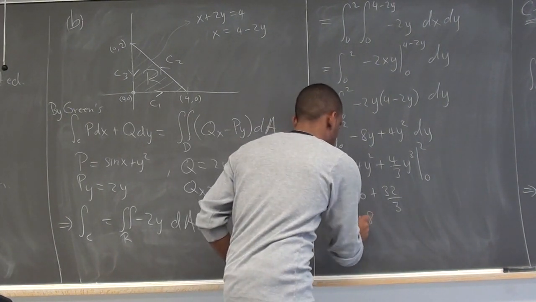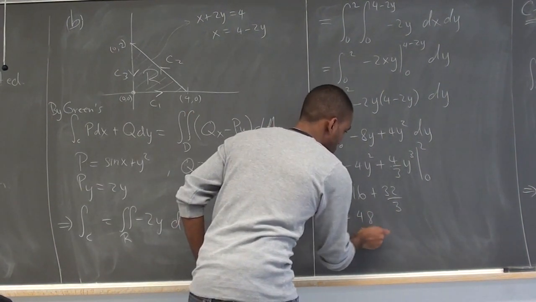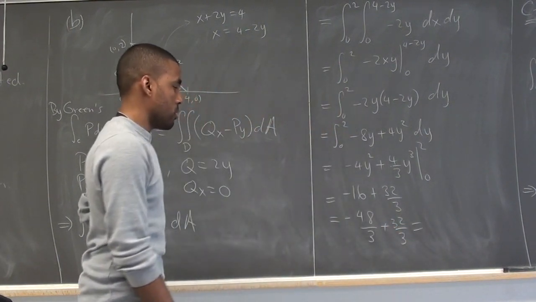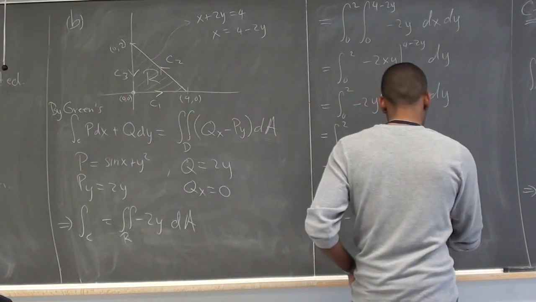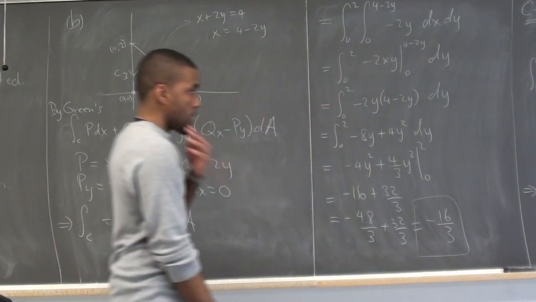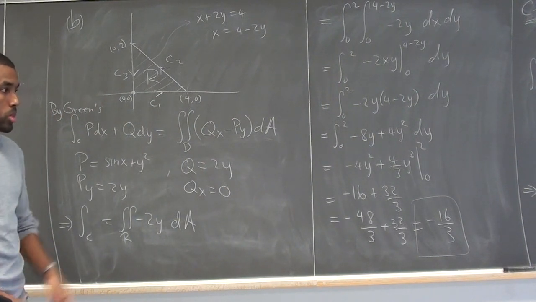There's 48. Right? And if you take minus 48 plus 32, you get minus 16. So you're right.